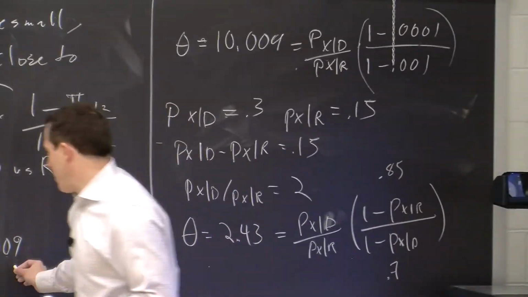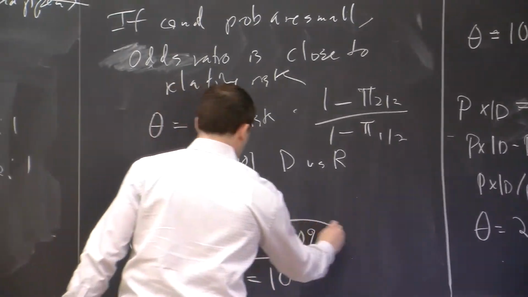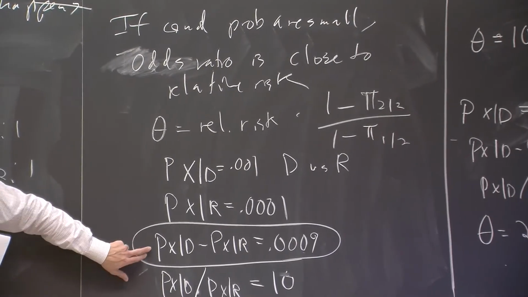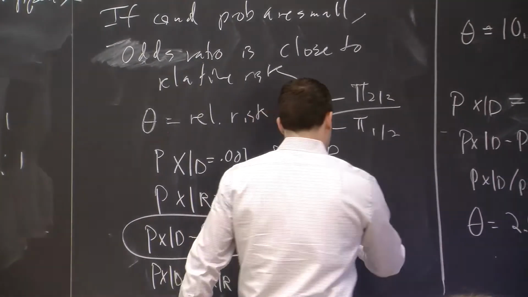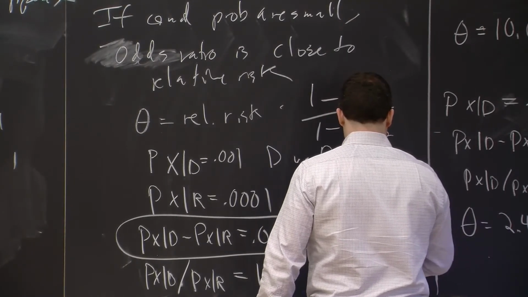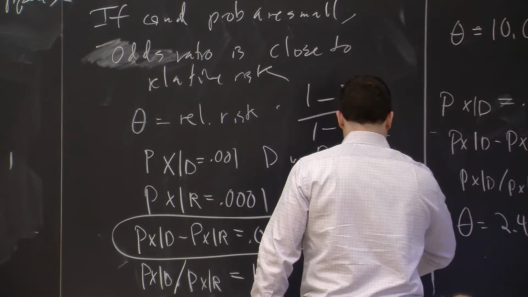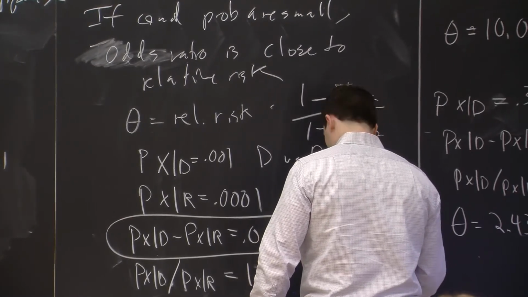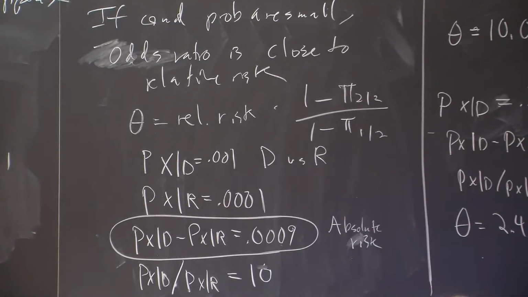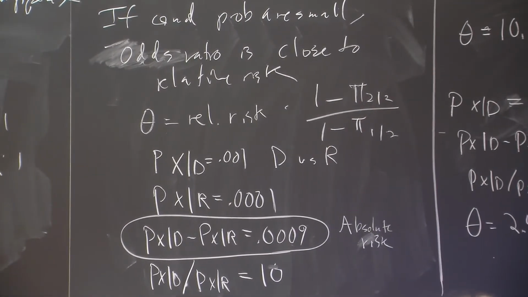So I want to make one other comment while I'm talking about this. This number here, the difference in proportions, we were sort of critical of. It turns out that this thing, which is sometimes also called the absolute risk, something like that, anyway, whatever it is.